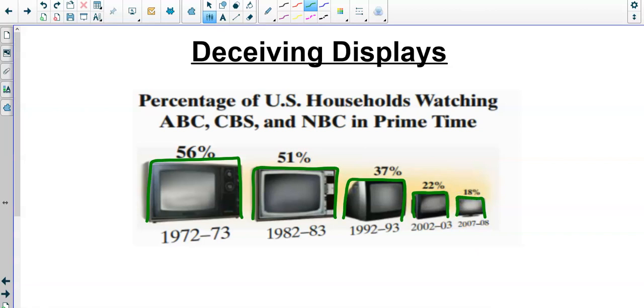So, that's deceiving. It's making you look like, oh, 1972 to 1973 were the best years ever. That's when they had the most people watching ABC, CBS, and NBC in prime time.